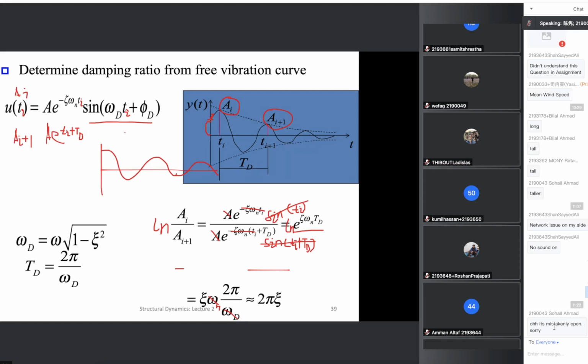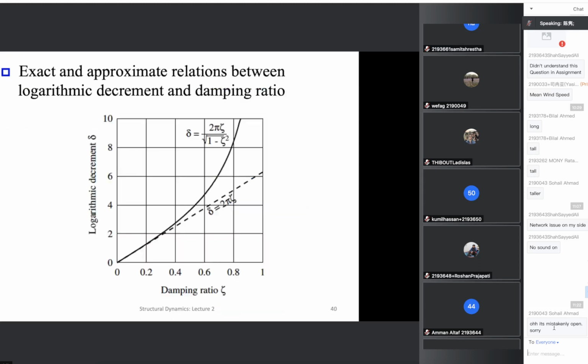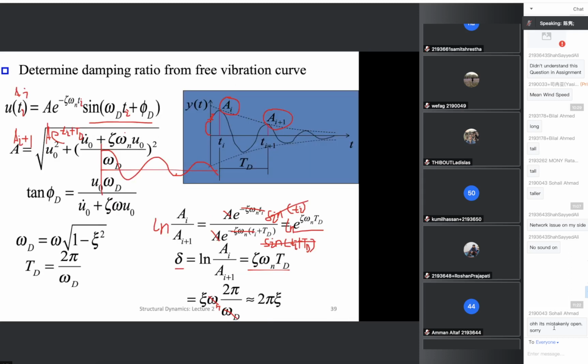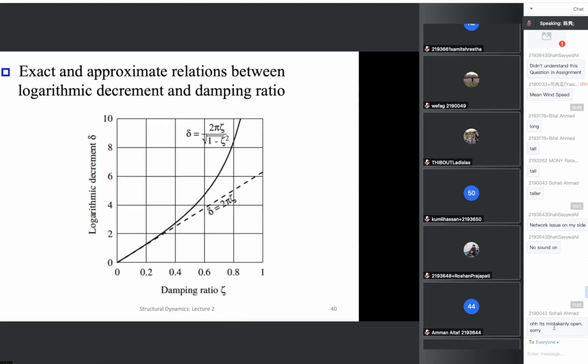So let me finish this example. Then, if you have any questions, we can discuss this further. Just now we used the assumption that omega d equals omega n. Then we can cancel this, and of course you can use this equation. This is the exact solution for the damping ratio.